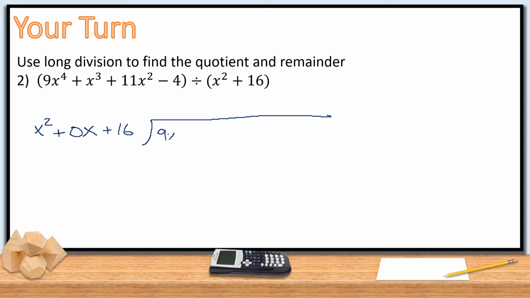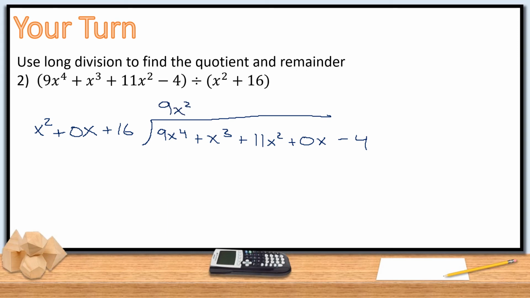So we get 9x to the power of 4 plus x cubed plus 11x squared. We don't have an x to the power of 1, so I'm going to throw that one in there, 0x, and then minus 4. All right, so x squared times what is 9x to the power of 4? We need a 9, and we need another x squared.